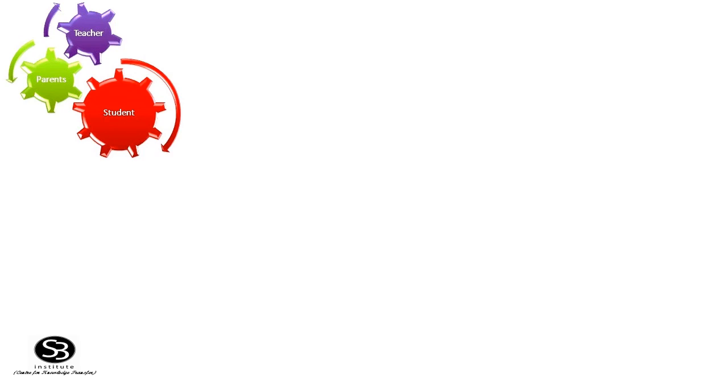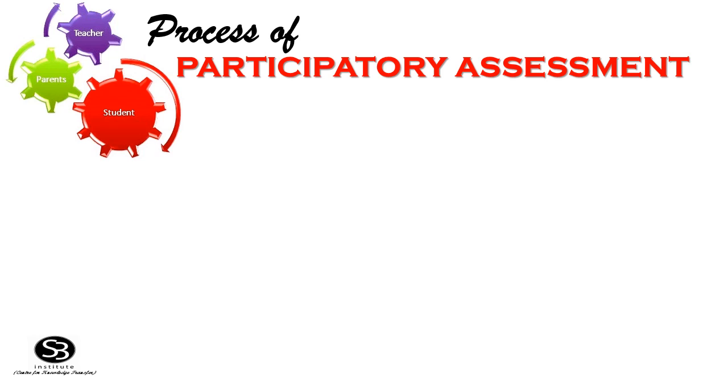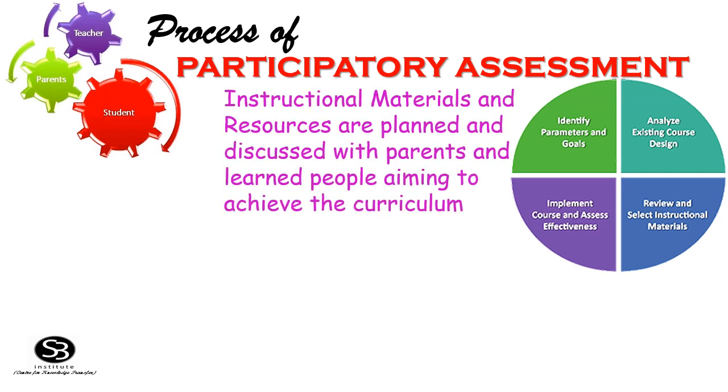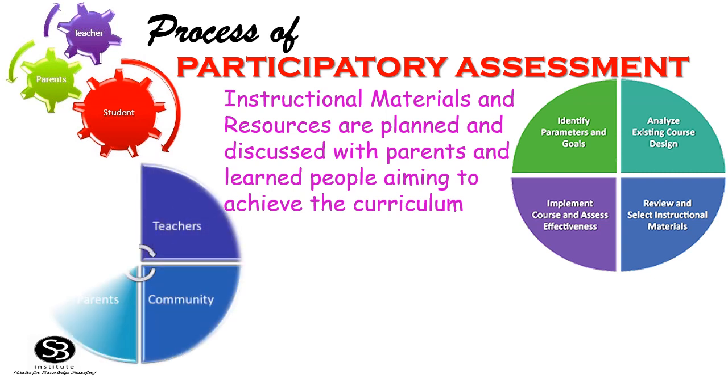Now let's look into the process of participatory assessment. There are two processes of participatory assessment. First one, the materials and resources for students are planned and discussed with parents and also learned people to get a clear-cut idea of their aim to achieve the curriculum.